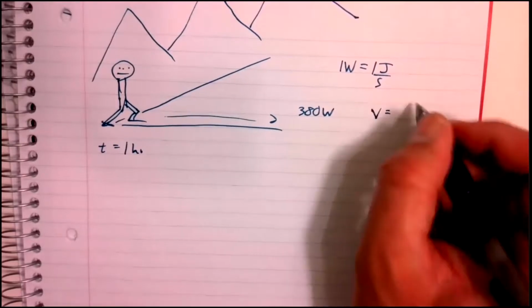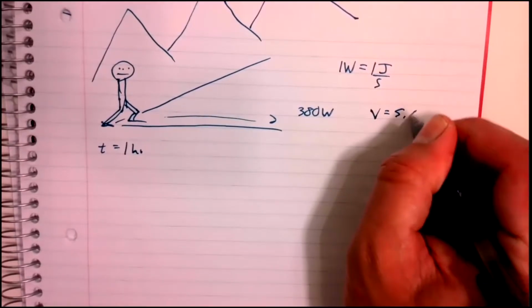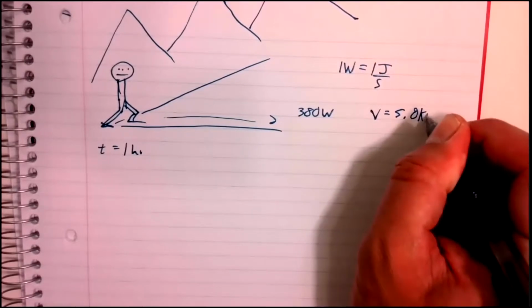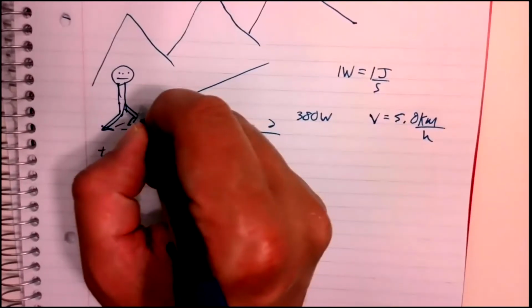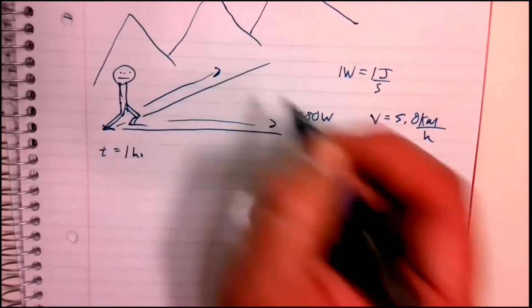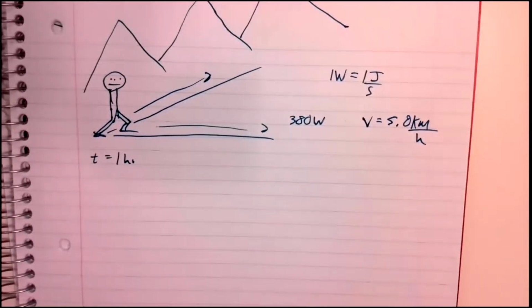So V equals 5.0 kilometers per hour. That is their distance this way. Well, if we set a time, then we can find a distance.